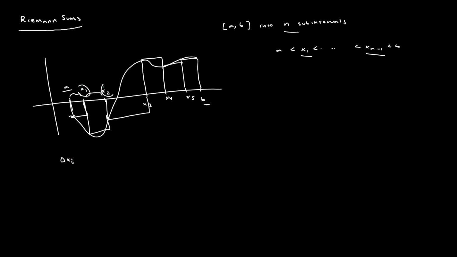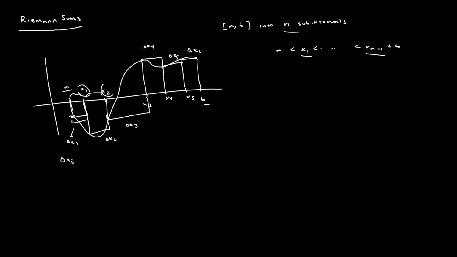So this distance over here is going to be delta x sub 1, and then this is delta x sub 2, delta x sub 3, delta x sub 4, delta x sub 5, and then delta x sub 6. All right, so those are my widths of the intervals.